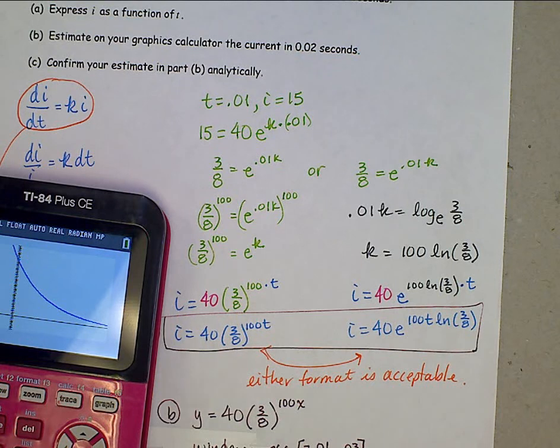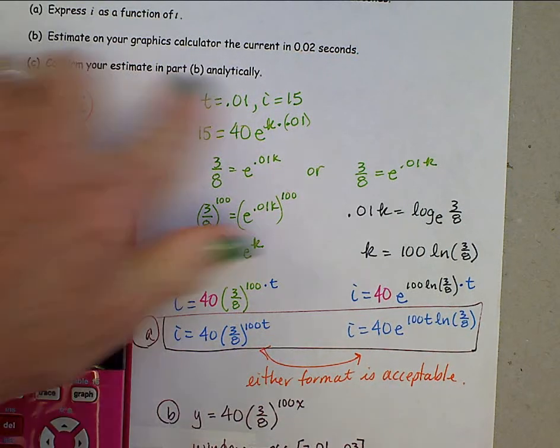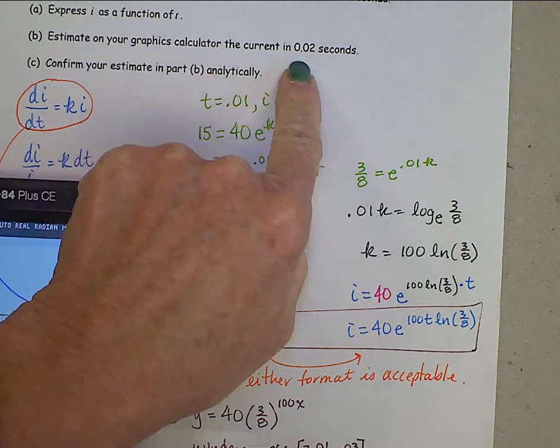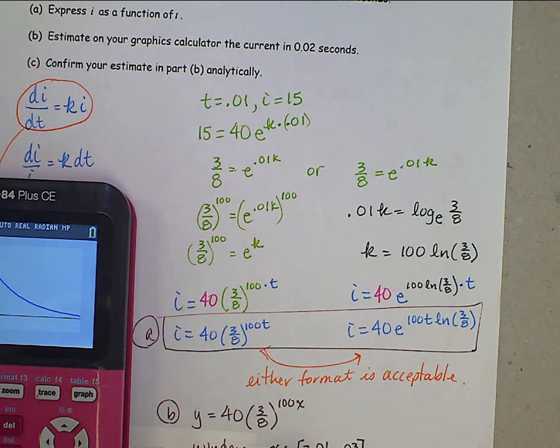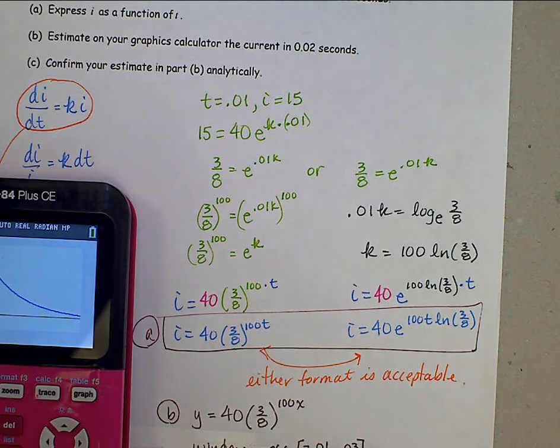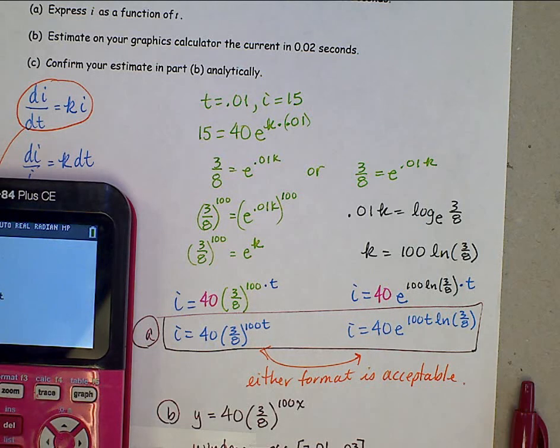and we want to know what's happening at time 0.02. So time is 0.02, but time in our calculator is x. So we're just going to do a value. Oh, I'm so sorry, you can't see.